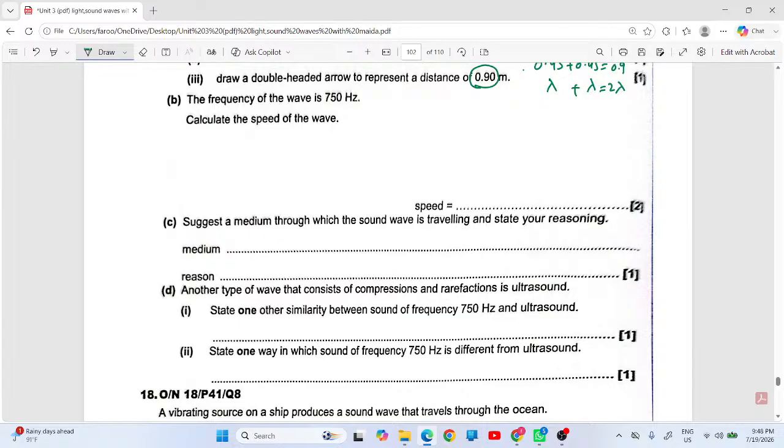Next question: the frequency of the wave is 750 hertz.